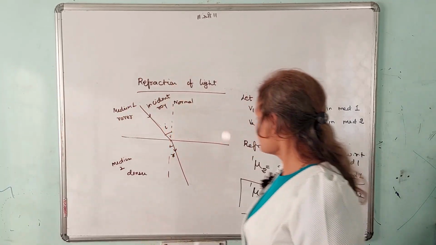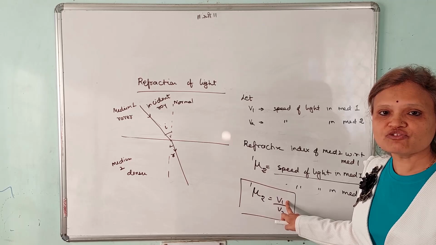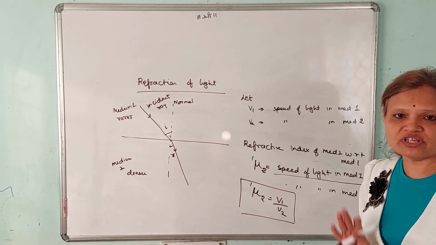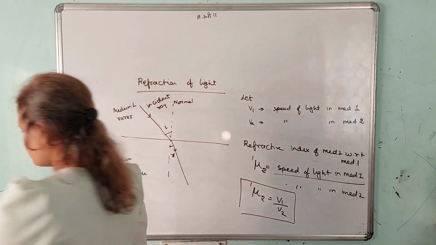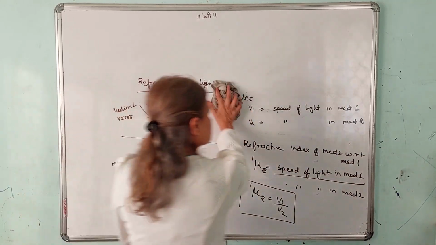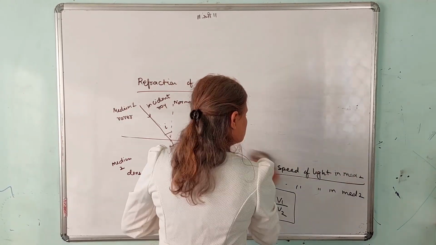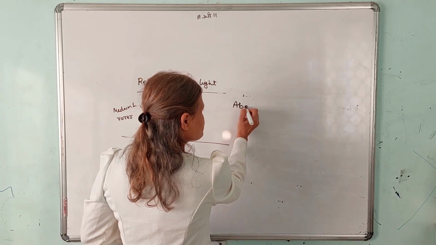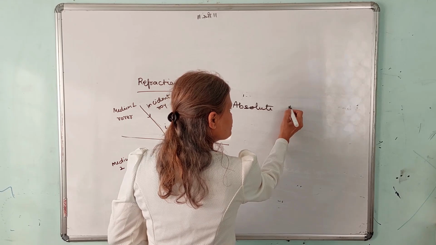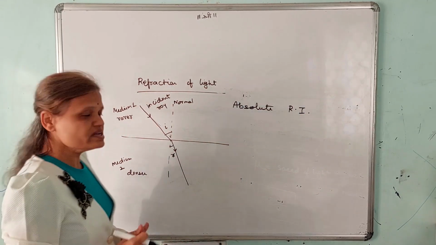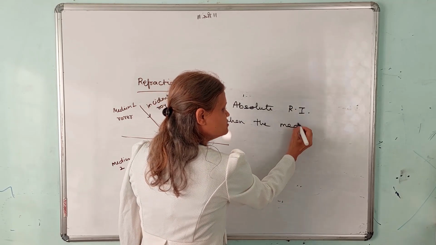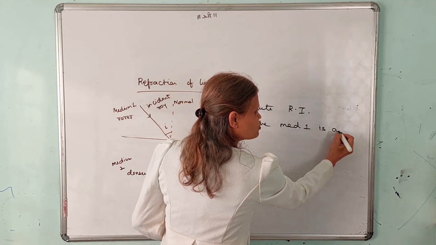Now suppose the first medium, from which the light is entering, is air or vacuum. Then in that case, this v1 becomes the velocity of light in air, which we know is c. So c by just v is called the absolute refractive index. So absolute refractive index is when medium 1 is air or vacuum.